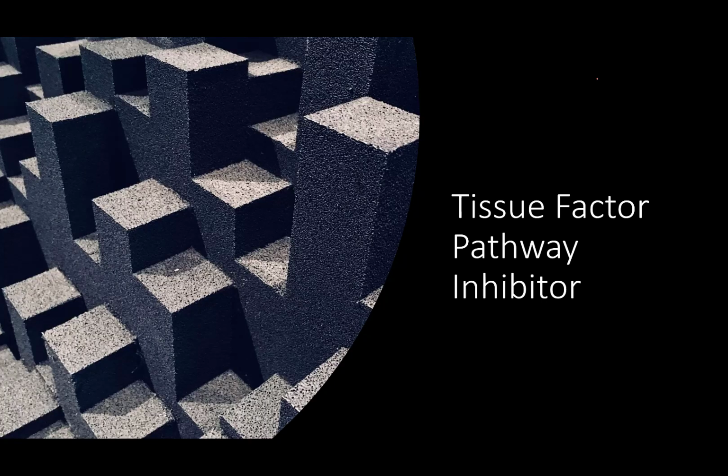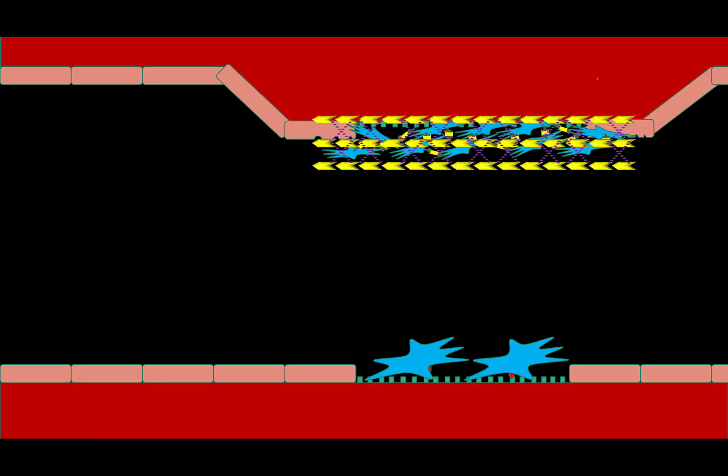Now one more mechanism is tissue factor pathway inhibitor. As we saw, whenever collagen was exposed, the platelets aggregated there and the coagulation cascade was activated. Thrombin is produced in the coagulation cascade. When the platelets and thrombin interact, it leads to production of tissue factor pathway inhibitor molecules by the platelets, and it can also be produced by the endothelial cells.